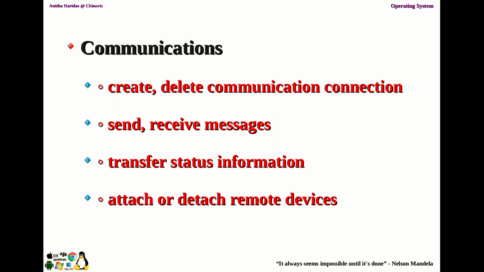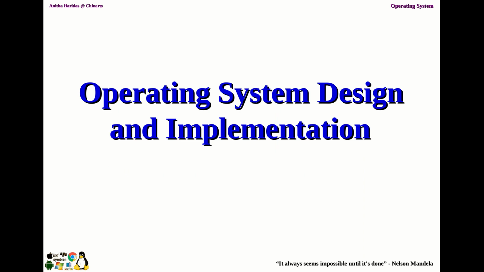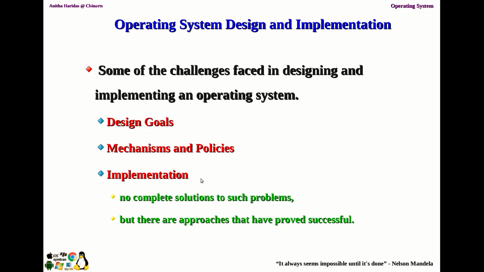Now apart from that, we have another very important topic, the operating system design and implementation. If you take the operating system design and implementation, there are some challenges to be faced in designing and implementing an operating system. Imagine you want to design an operating system and implement that design, right?